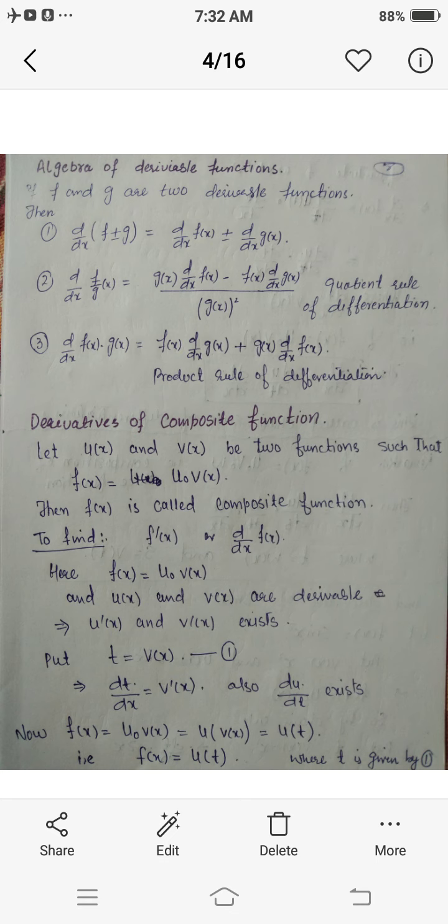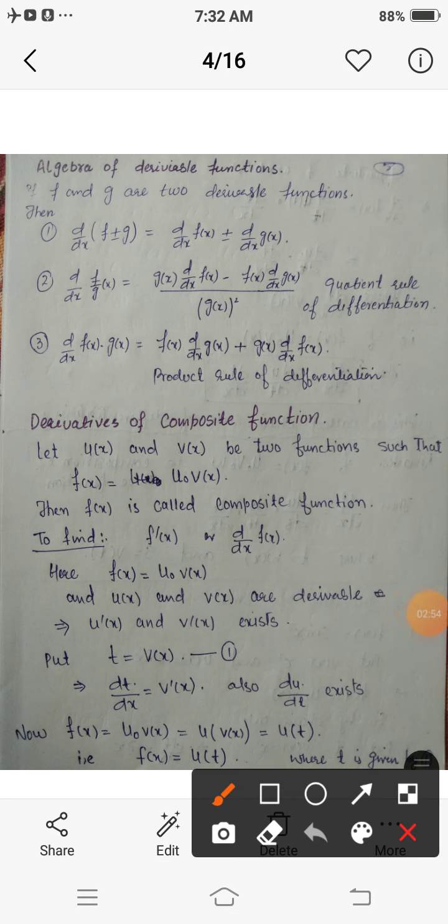Now the question arises, how to find the derivative of this function, that is, we have to find f dash of x, or simply d by dx of f of x. Here f of x is u of v of x, such that the individual functions u of x and v of x are derivable, that is, u dash of x and v dash of x exist.